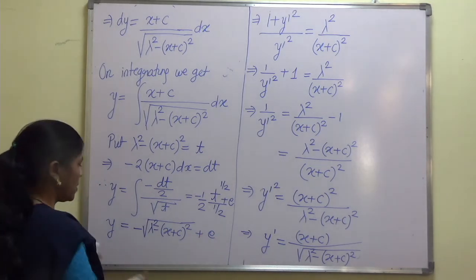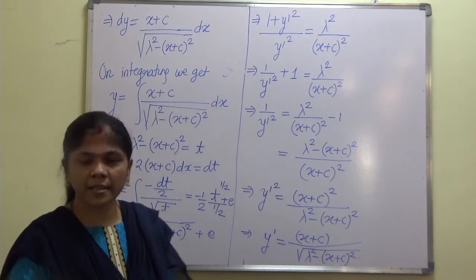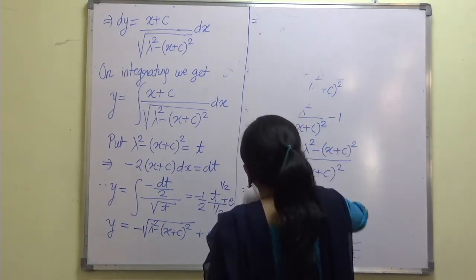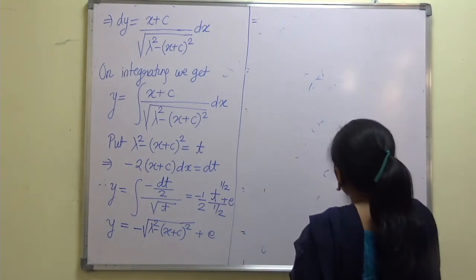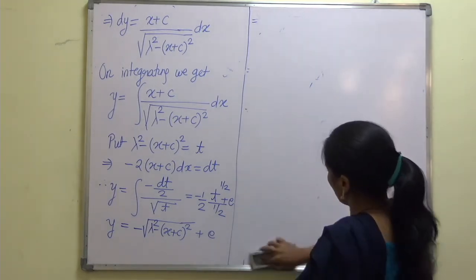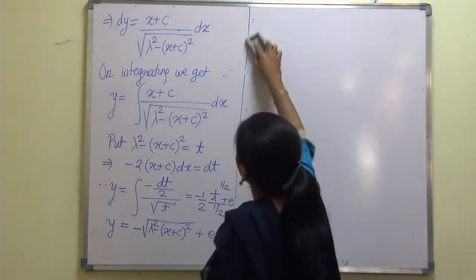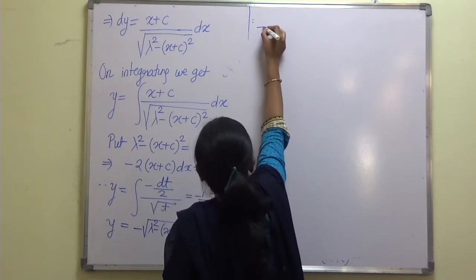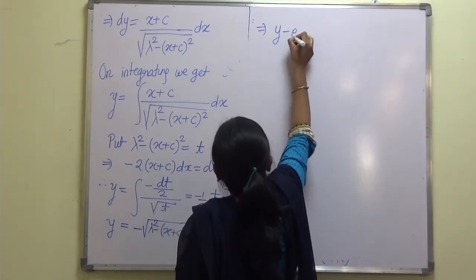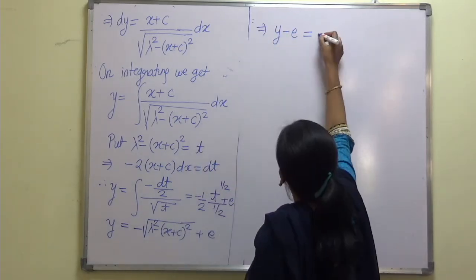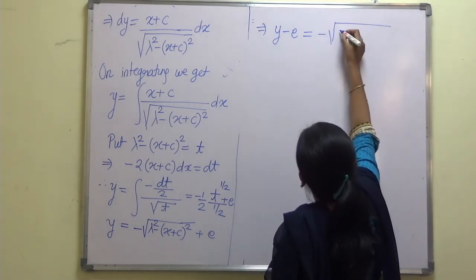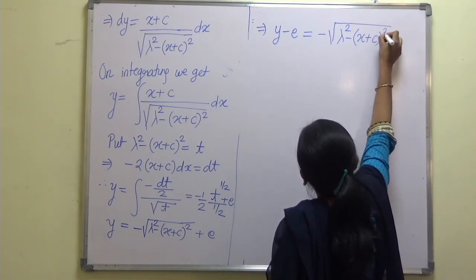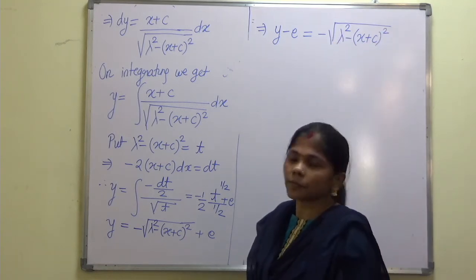Right? Now this can be further simplified as, keep the square root term on one side and shift all other terms on another side, so as to write it in a simplified form further. So we write it as y minus e is equal to minus of square root of lambda square minus (x plus c) whole square.